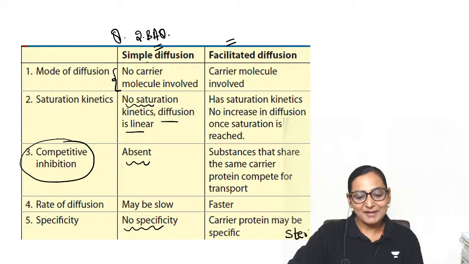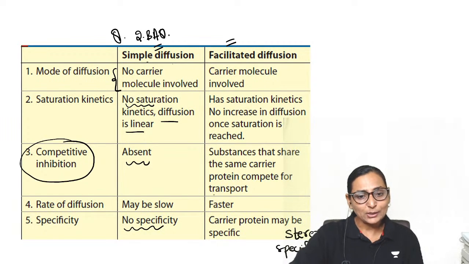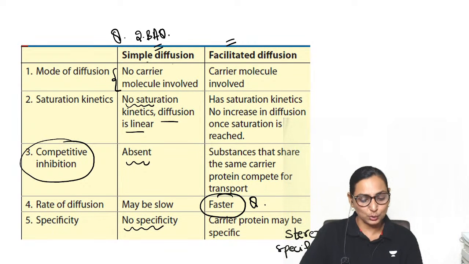Whereas your facilitated diffusion shows something which is called as stereospecificity. That means if there is a particular carrier protein which is going to get attached to D isomer of glucose, it will not attach to L isomer of glucose. Apart from this, the rate of diffusion is faster in facilitated diffusion as compared to simple, which is slow.